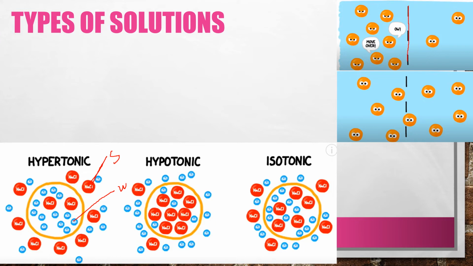From this cell wall, this water content is moving and maintaining the equilibrium status. This happens in the diffusion process. Clear? In the diffusion process, the movement of fluids is from high concentration to the lower concentration area.